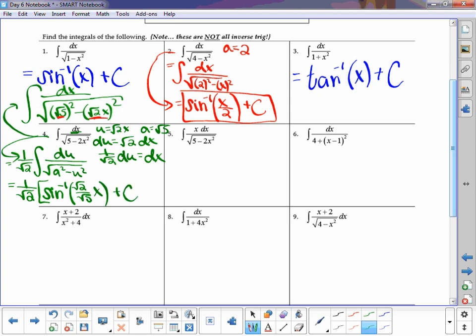I don't really need that bracket there, but that's okay. Questions on that? So again, not bad. If it's not already in that nice format, identify what your a is, identify what your u is, and rewrite it using those. So now it's in that nice inverse sine derivative form. Okay.